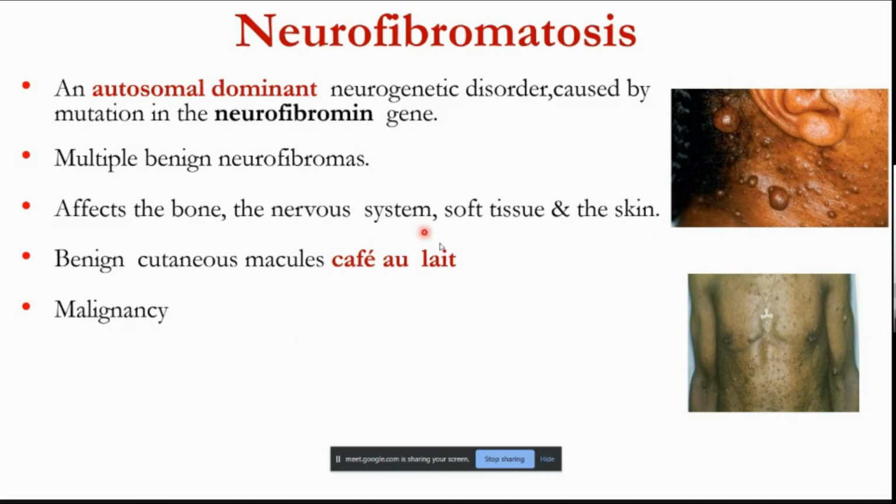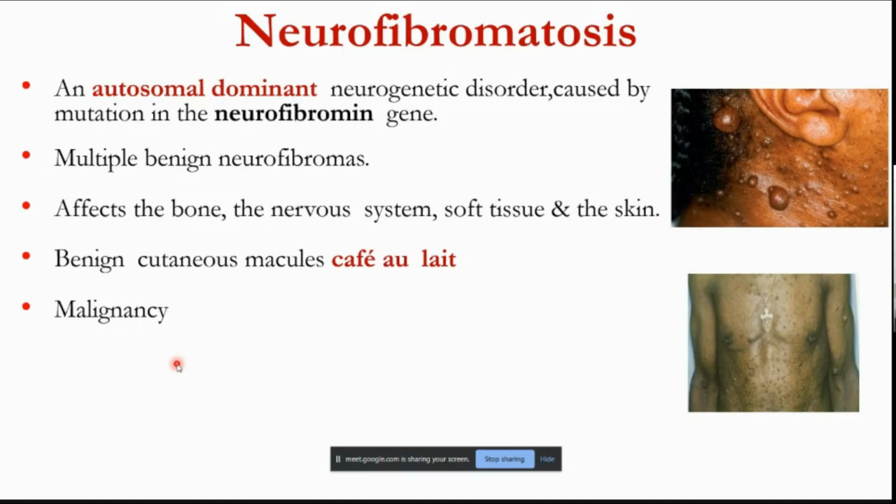So there is something called cafe au lait appearance. So cafe au lait means coffee in the milk. Okay, because the cutaneous macules which are seen in neurofibromatosis appear as brownish discoloration, and these lesions are usually seen in white people. So when it is seen in white people, it looks like coffee in the milk appearance. So that's what it's referred to as.